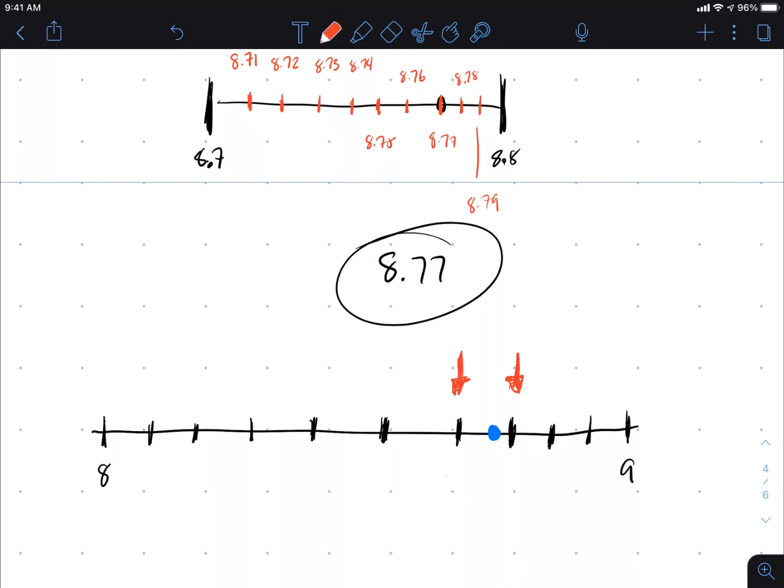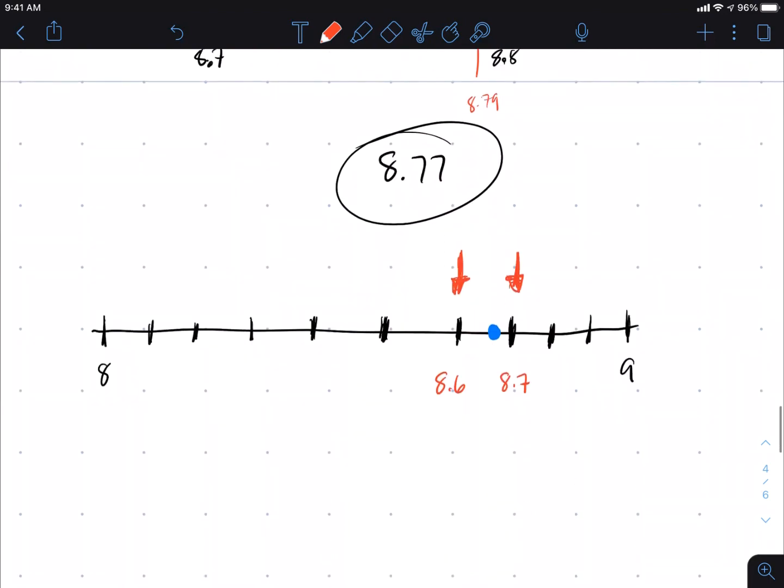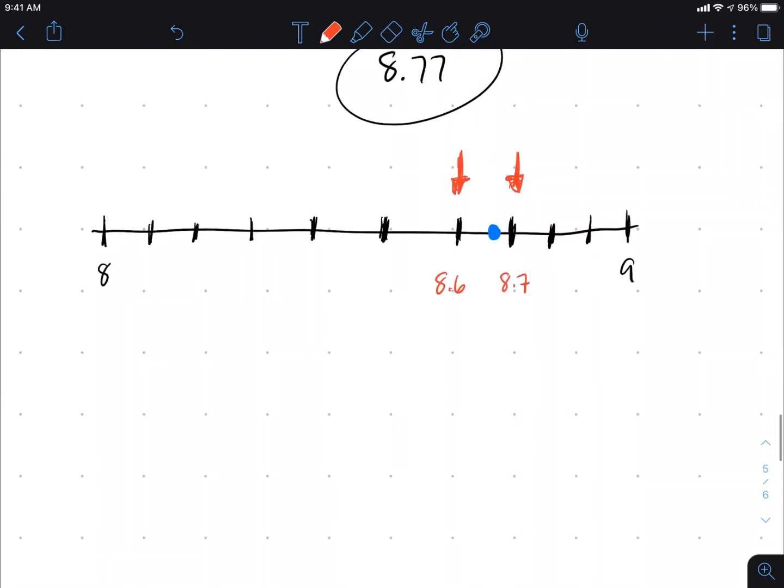So I know this is 8.6, this is 8.7. Does that make sense?